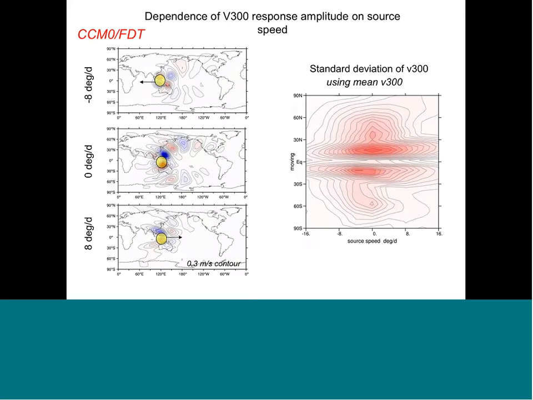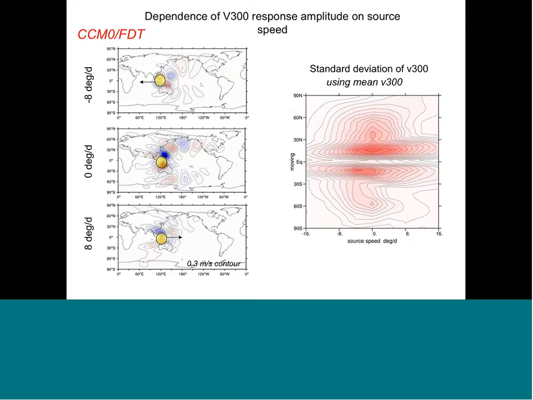The next slide has to do with the sensitivity of the general circulation model to the heat source and the movement of the heat source. The three panels on the left are similar to the linear calculation, although here we're looking at the north-south wind component. The top panel has to do with a source that's moving towards the west at 8 degrees per day.